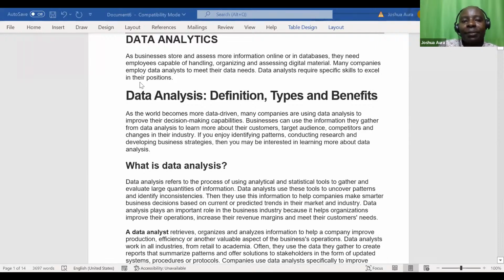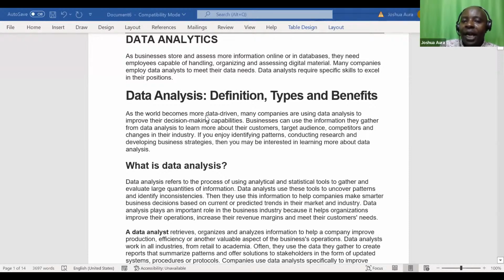So you're told here: as businesses store and access more information online or in databases, they need employees capable of handling, organizing, and assessing digital material. Many companies employ data analysts to meet their data needs. Data analysts require specific skills to excel in their positions.